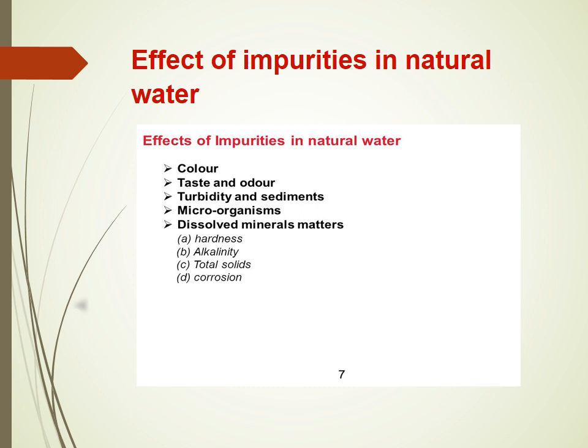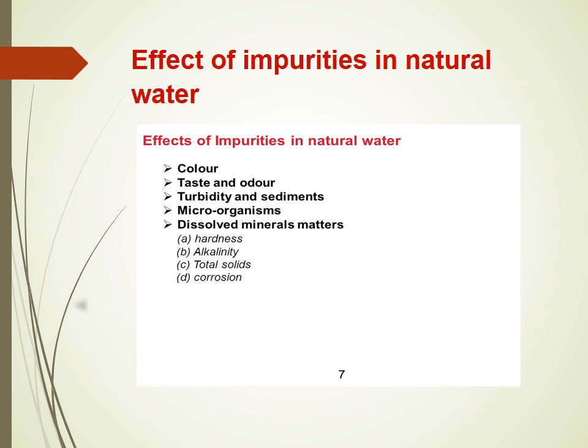Now, one thing you know is that the various types of impurities which are present in natural water impart or change some of the properties or characteristics of the water. So, from the point of view of industrial use, the characteristics and the effects of these impurities on the water quality generally include the color of the water, then the taste, then odor, turbidity, sediments, microorganisms, the dissolved gases, silica content, and finally the dissolved mineral matter, which includes the hardness, alkalinity, the total solids, and the corrosion.